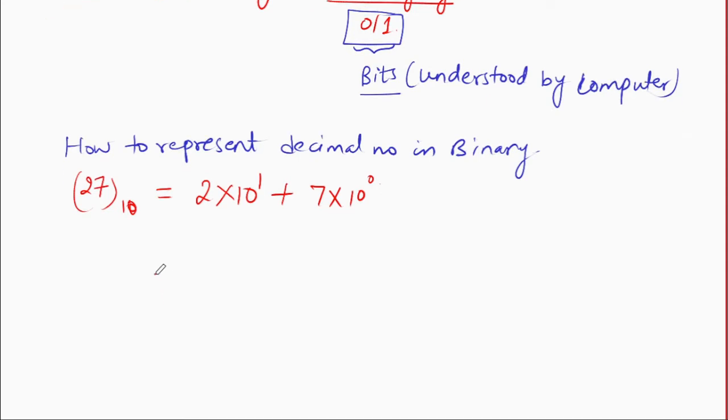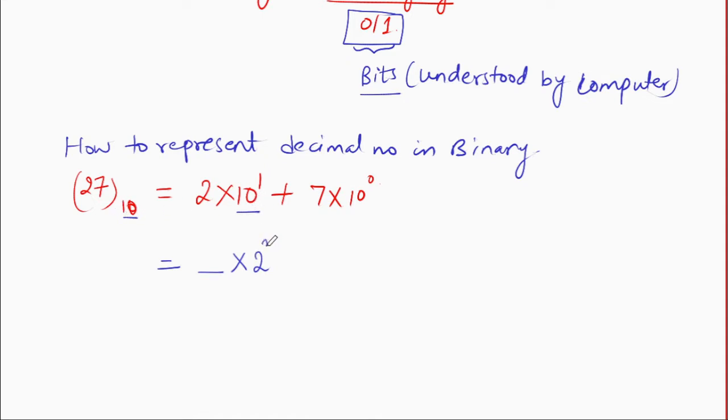Similarly, this number can be represented in binary form in such a way that it can be written like some values in the power of 2. Here the base is 10, hence powers of 10 are considered.